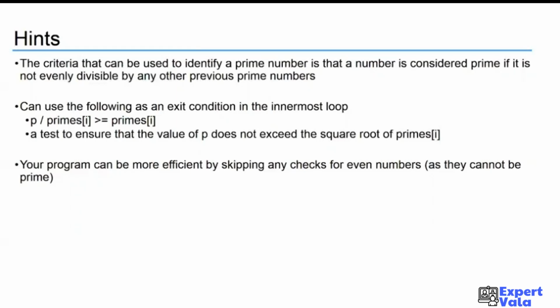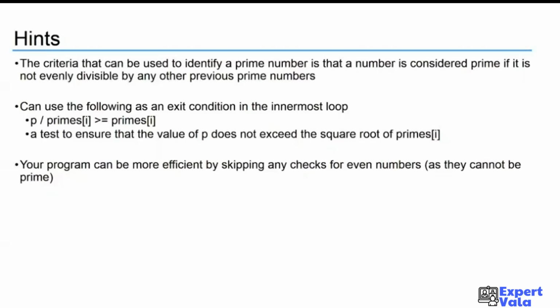So you don't want to exceed a certain check, and then you also want to jump out of the inner loop if you actually found a prime number. If your current number is divisible by any previous number, so you can look at the prime array, and if the modulus for that is equal to 0, then you don't have a prime number.